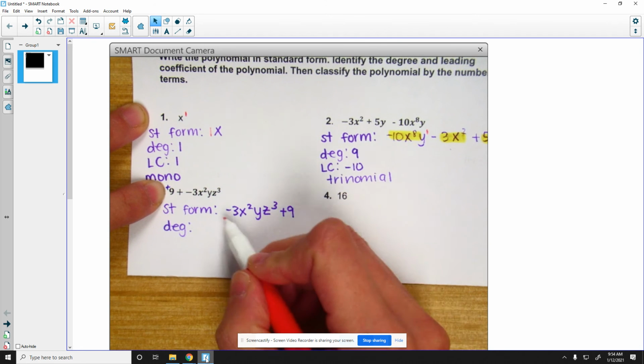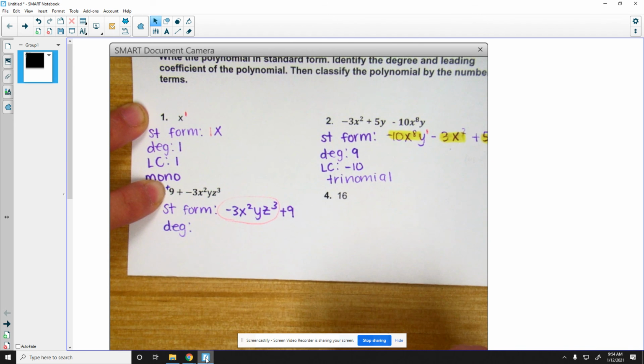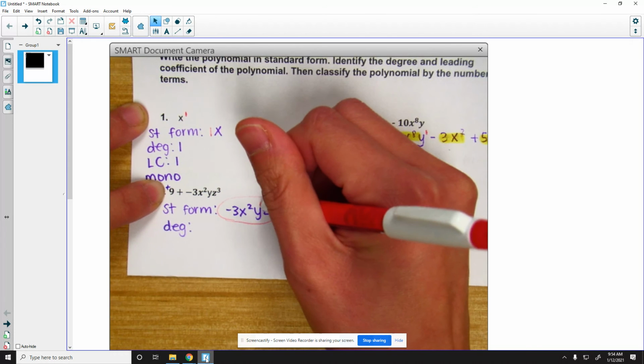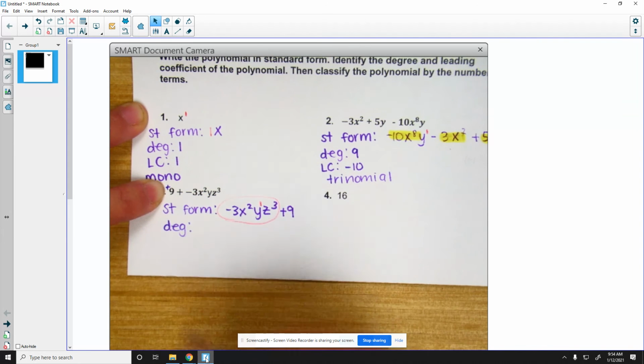Okay, so you take the biggest exponent, which would be this group right here, and then you add up all the exponents. So you have 2 plus 1 is 3. 3 plus 3 is 6. That's how you get 6 as your degree.